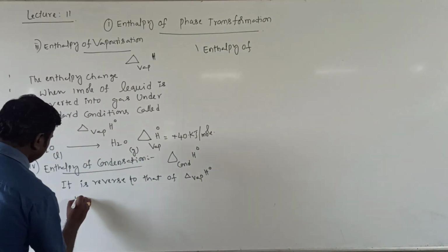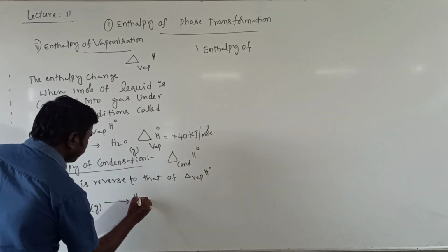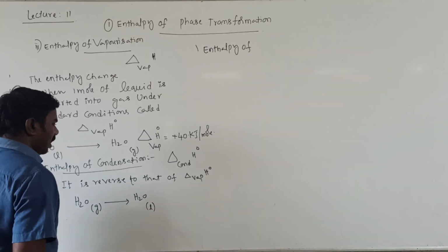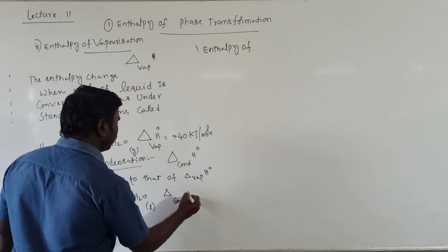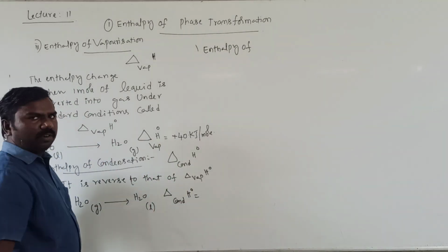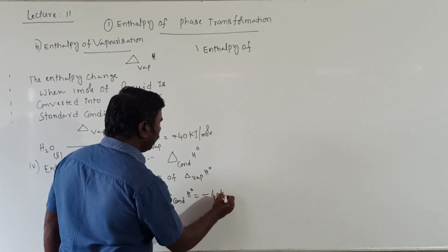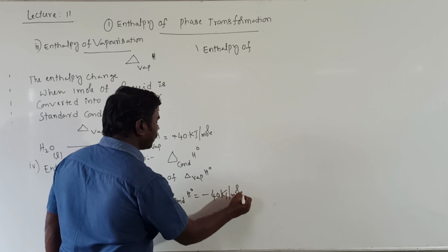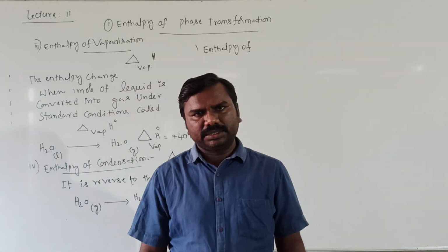Example: H2O gas converted into H2O liquid. Here liquid to gas is plus 40, gas to liquid is minus 40 kilojoule per mole. Reverse works, that's why plus is converted into minus.